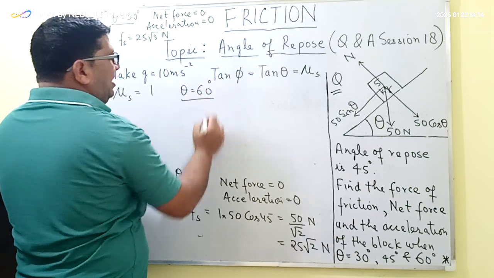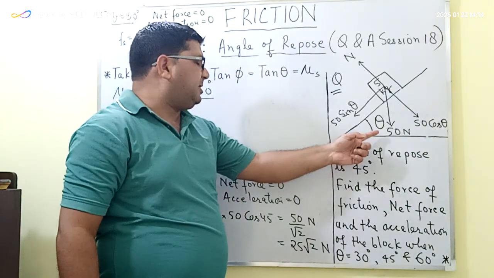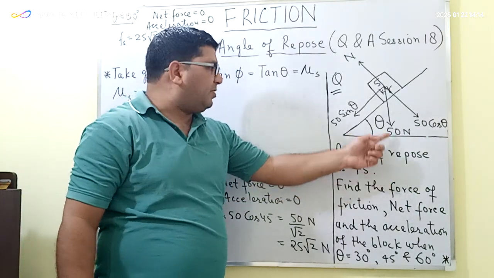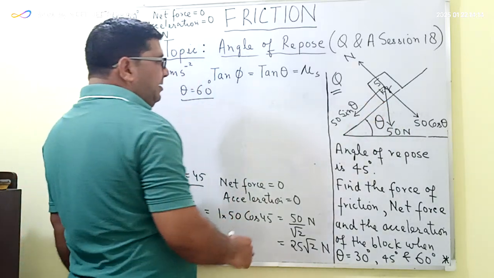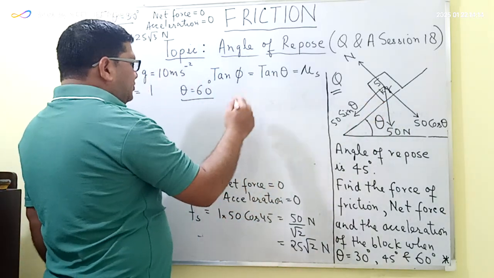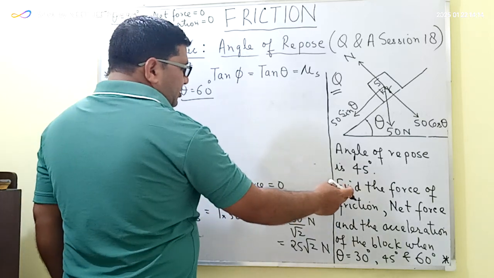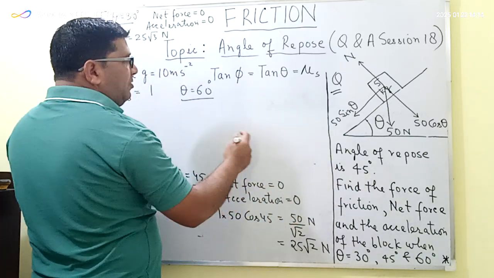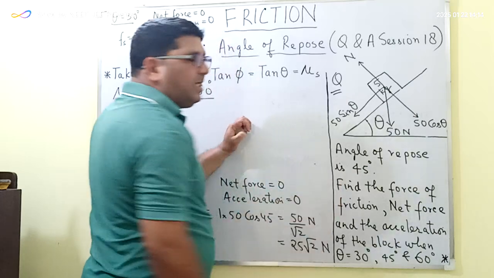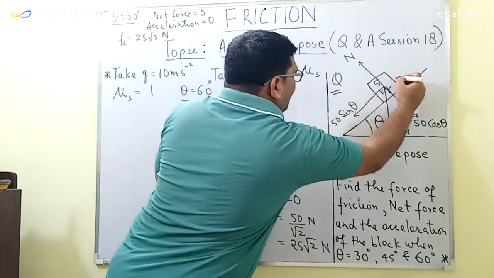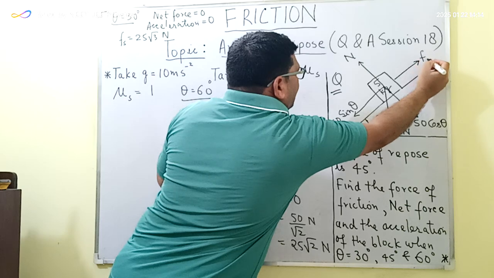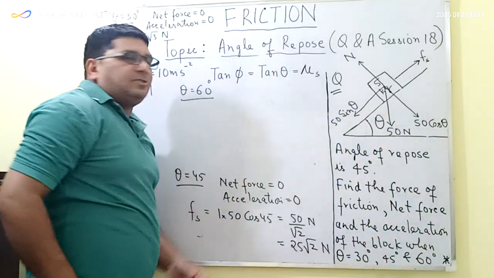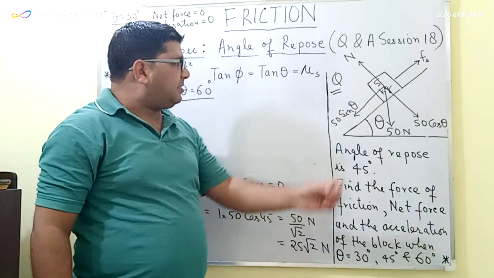So in this case, what will happen? Because the angle of inclination is more than the angle of repose, this block will start moving down along the inclined plane. When the block is moving down, the force of friction will act in the upward direction, because the force of friction opposes the relative motion.